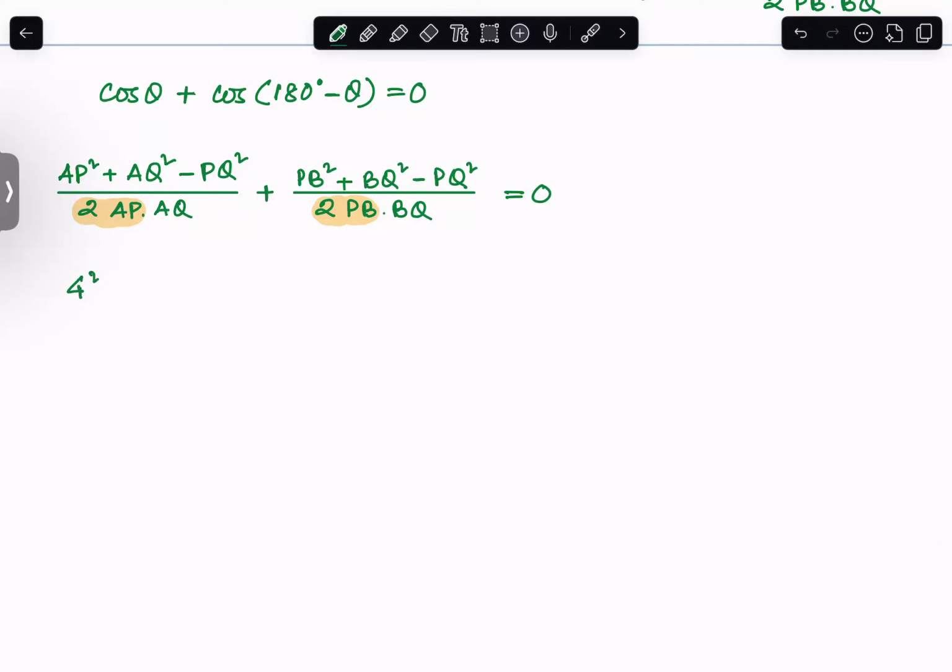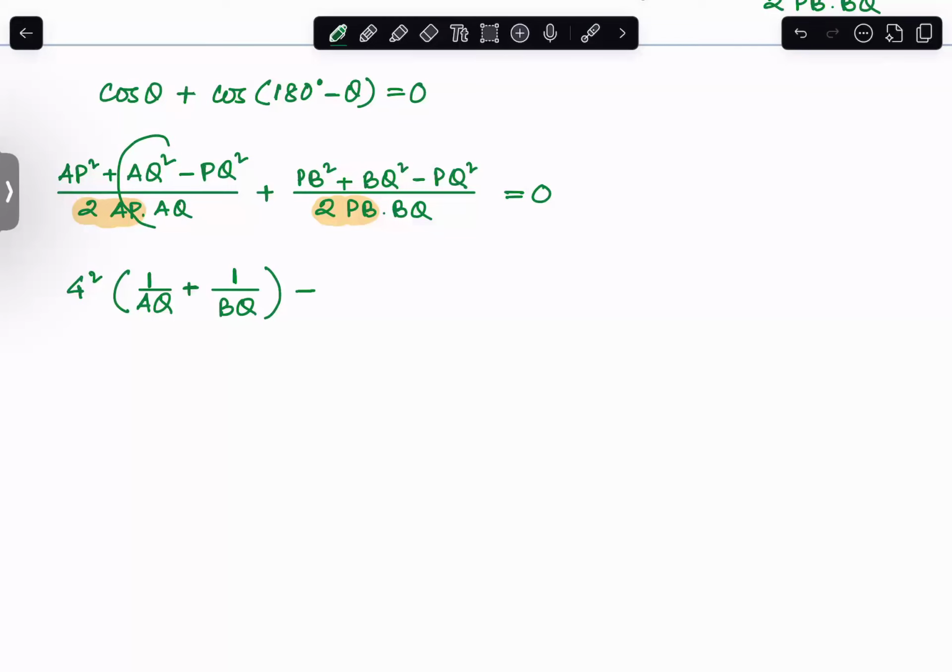So we are going to get 4 squared into 1 by AQ plus 1 by BQ from the other part. Is this step okay? AP square by AQ, this is one connection, and PB square by BQ, that's another connection, right?